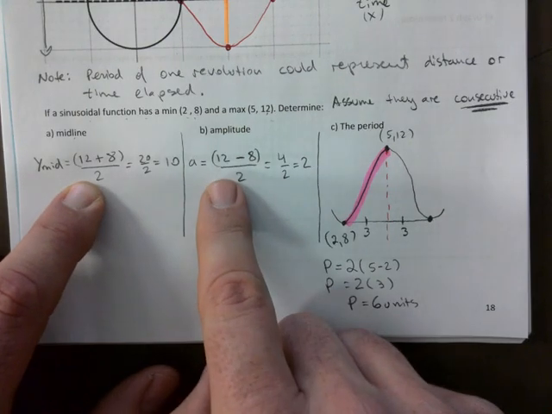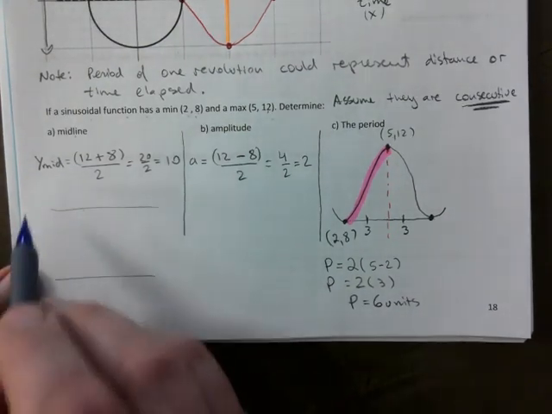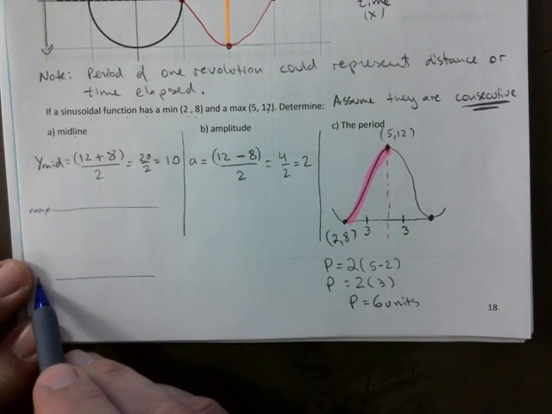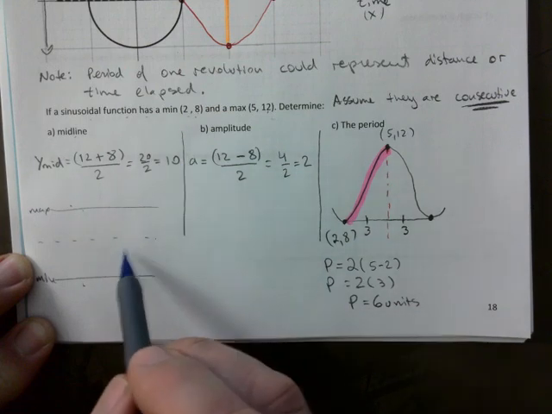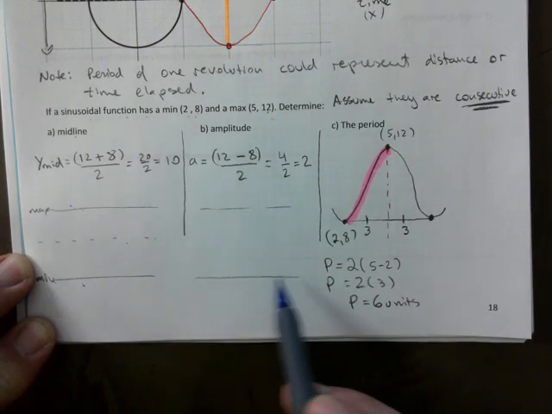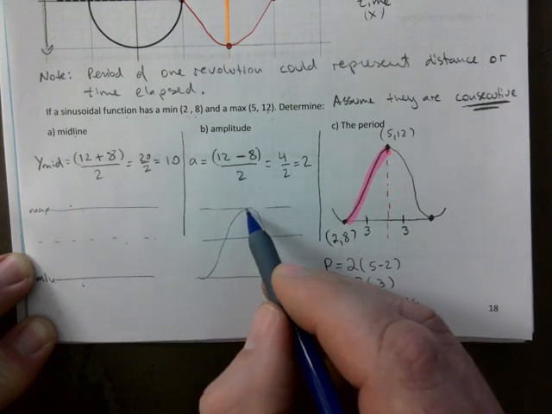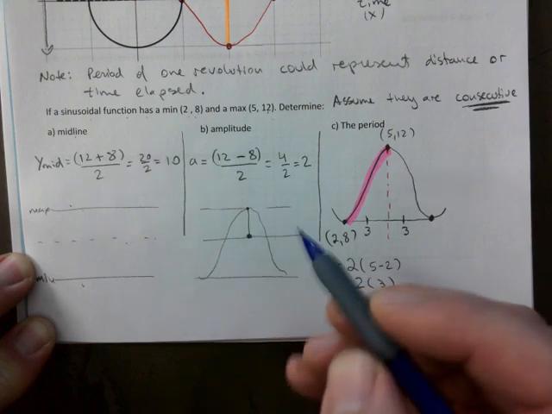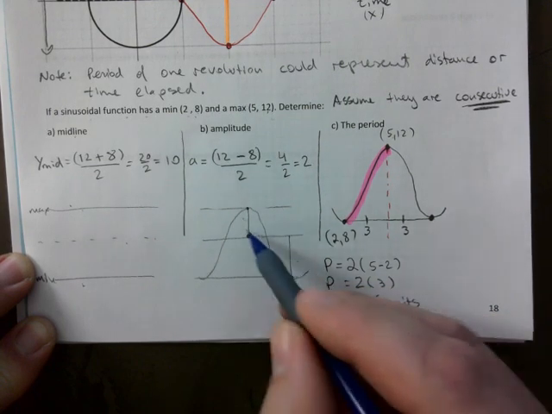For this, because when you're finding the mid, you're finding the average between the max and the min, right? So you would add these and find the middle like this. For the amplitude, if you have your sine wave, amplitude measures the distance from the top to the mid or from the min to the mid, like that's what we're finding here.